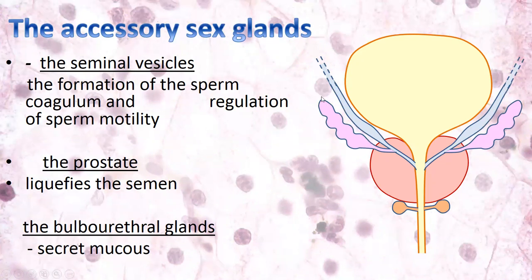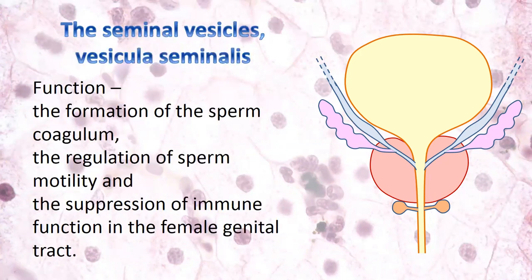They produce a fluid rich in fructose, which is necessary for the nutrition of spermatozoa and needed for their movement. Their ducts fuse with the ductus deferens and form the ductus ejaculatorius, which opens into the urethra. The prostate produces a fluid rich in mucus, and it also liquefies the semen. And bulbourethral glands produce mucus, which is also necessary to move spermatozoa.